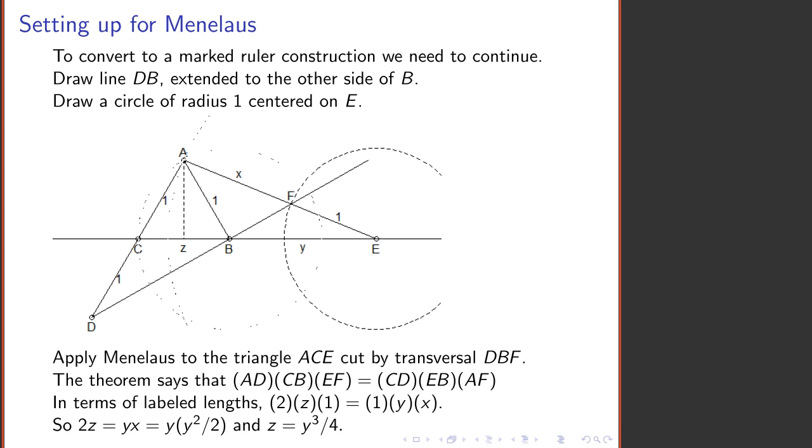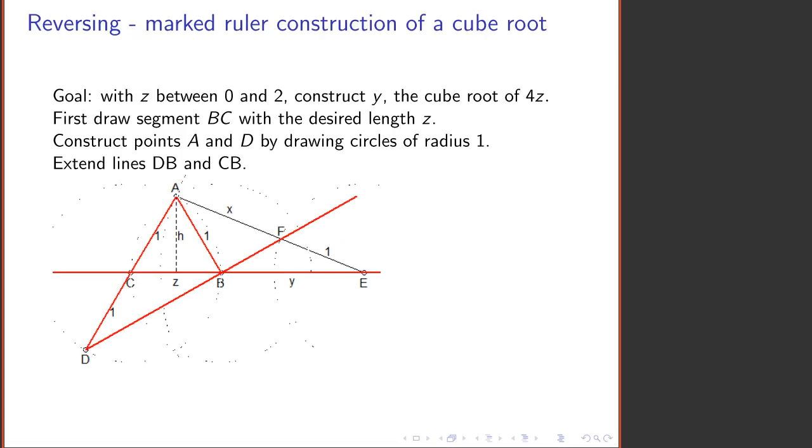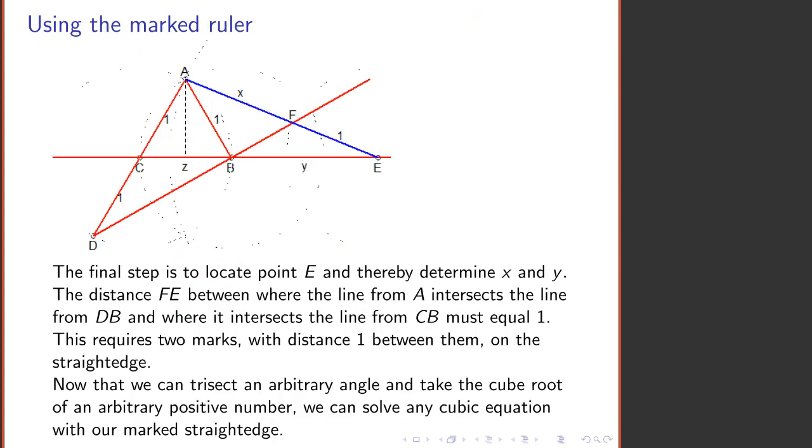Z, you'll recall, was made equal to y cubed over 4. So when I have succeeded in replicating that diagram, I still have the same relationship between y and z. In other words, y is equal to the cube root of 4z.